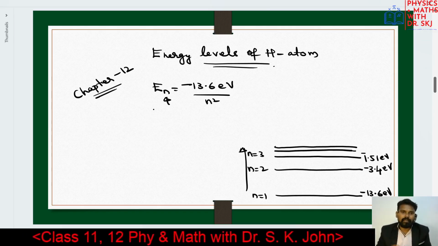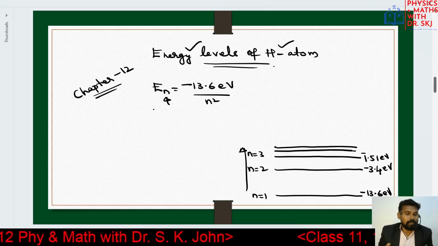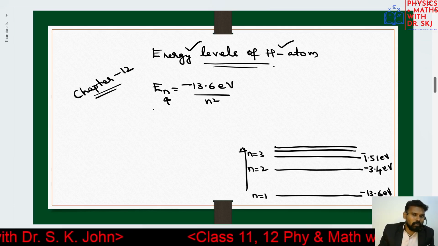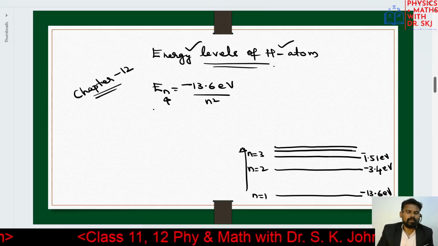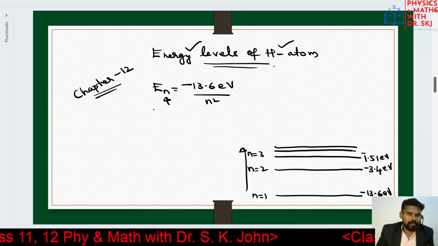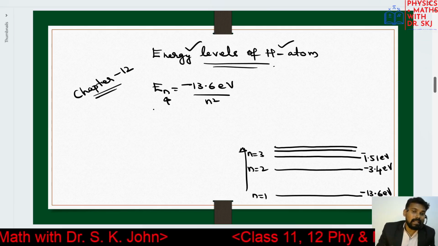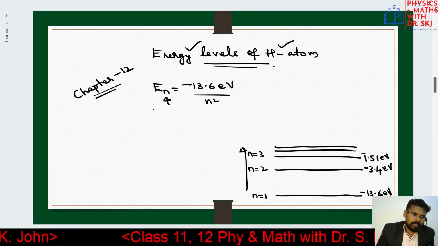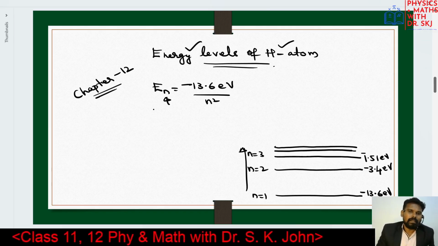Here I want to highlight the fact that in hydrogen atom there are energy levels, not energy bands. When we come to hydrogen molecules, you will have studied hybridization in molecules. Even though there is hybridization, a mixing of orbitals, all those things are there, but there will be energy levels.